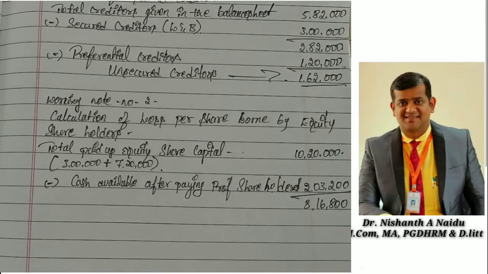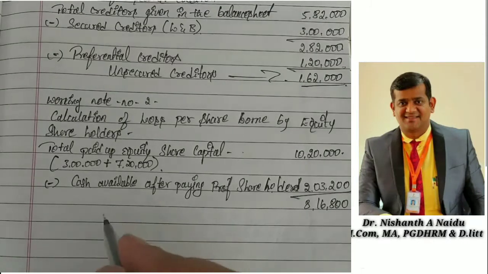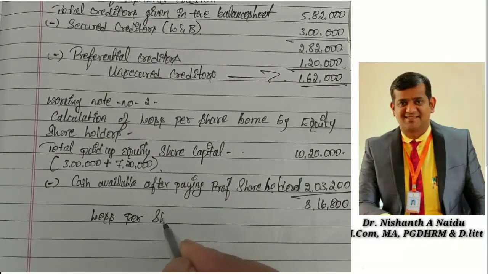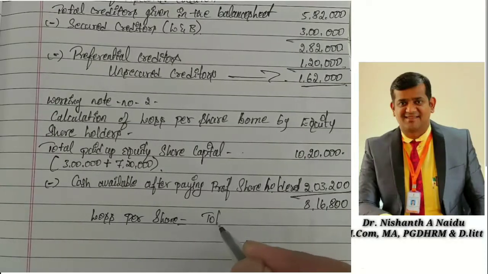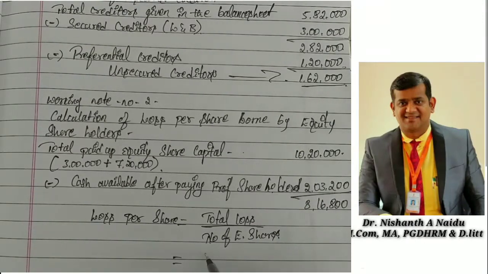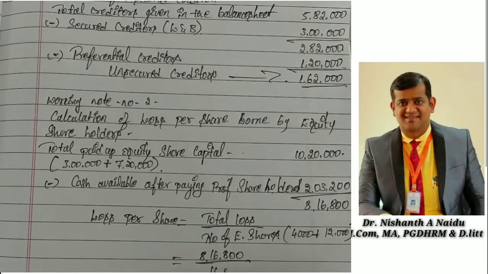8,16,800 is the loss. So now loss per share equals total loss divided by number of equity shares. How much is the total loss? 8,16,800 divided by the number of equity shares: 4,000 equity shares plus 12,000 equity shares, put together it is 16,000.